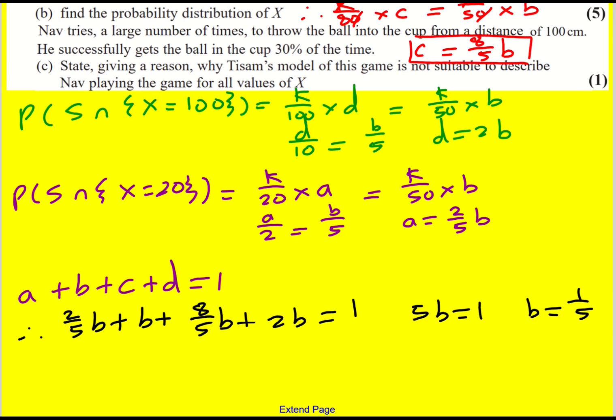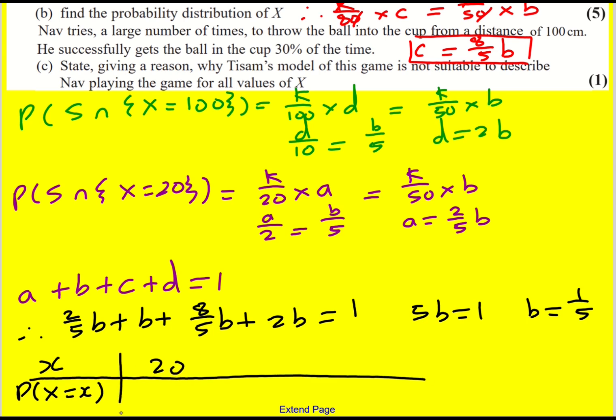From that we can get all the rest of them, and I'm just going to go straight for the table now. X, probability x equals little x, then 20, 50, 80, 100. I just worked out this one as 1/5. For A, it's 2/5 times B, so it's going to be 2/25.